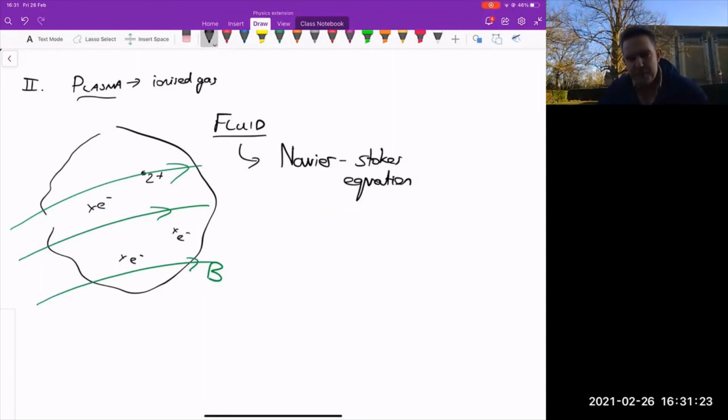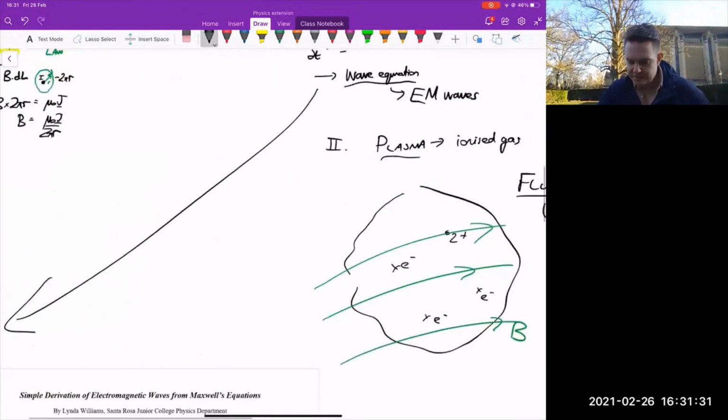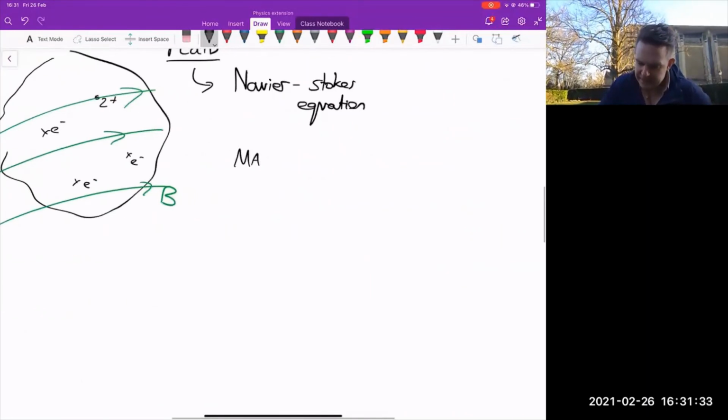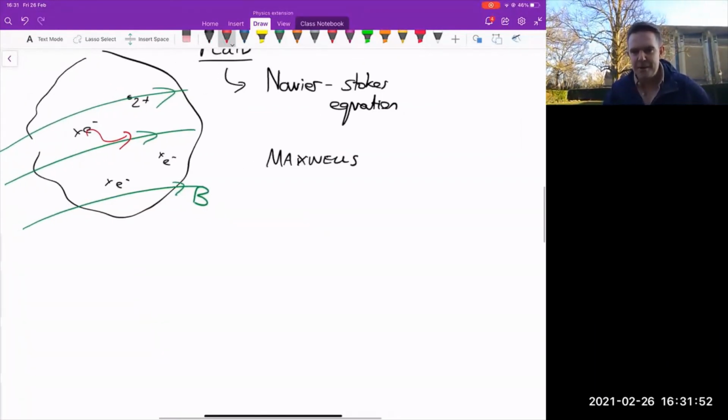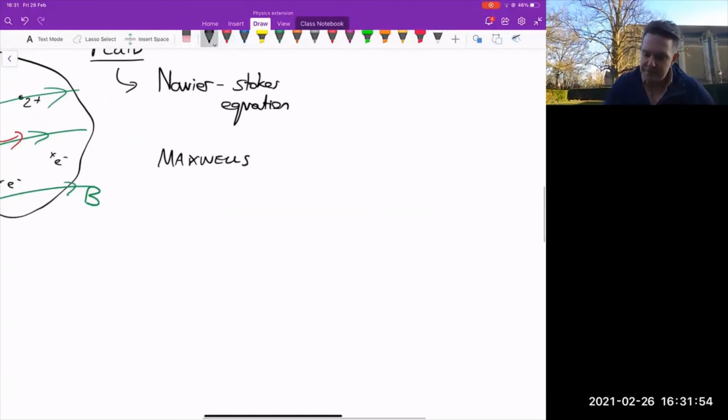But in order to describe plasmas, this is the cool bit, or I think it is anyway, you have to take Maxwell's equations, because you've got magnetic fields generated by moving charge. So the charges which move in a plasma generate magnetic fields, which then interact with the other charges in the plasma. So you can see how electromagnetism is going to be very much involved when you've got moving charges. So you need Maxwell's equations, but because it's a fluid, you also need Navier-Stokes.